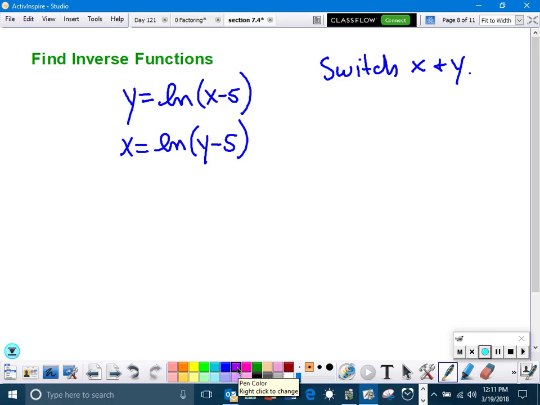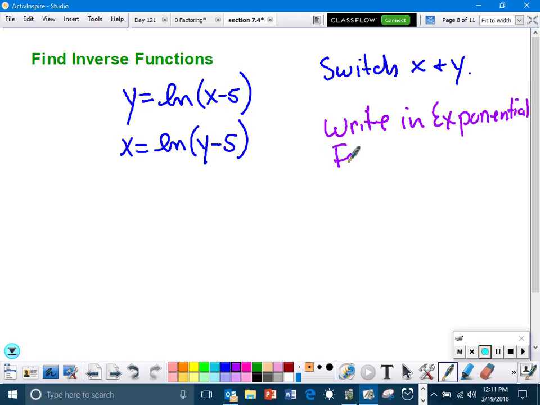We're going to write in exponential form. Okay, so this is a natural logarithm. What cancels with the natural log? I hope you said e.